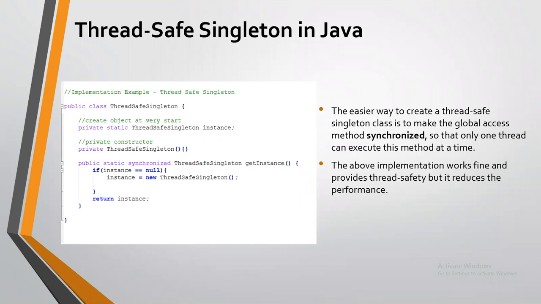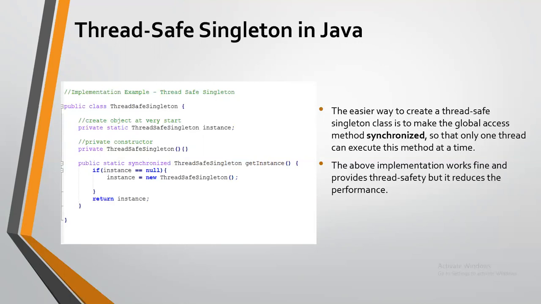So when T2 enters the getInstance method, this if condition becomes false, and it comes out and returns the instance which was created by T1. So this implementation works fine and also provides thread safety, but it will reduce the performance because of the cost associated with the synchronized keyword.